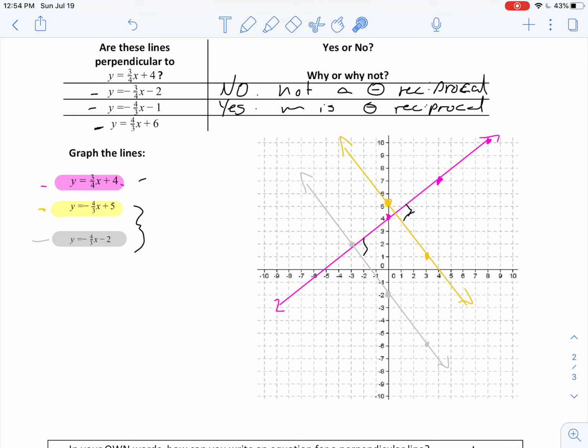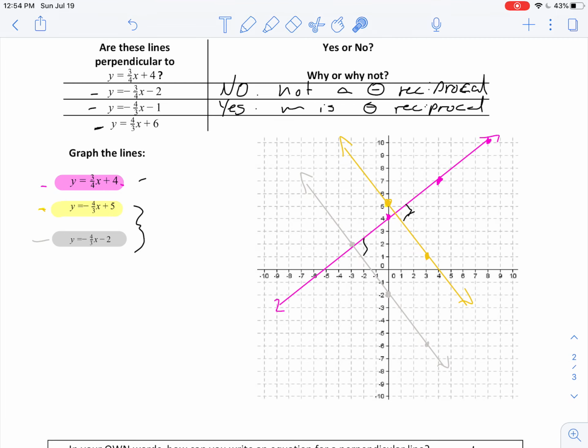I go negative 4 over 3, negative 4 over 3 for my plots. And then my other line here in gray has the same slope, negative 4 over 3, and a y-intercept of negative 2, so it starts here. So both the yellow and the gray line are perpendicular, and you can see here I've indicated that it is a 90-degree angle between these lines. So this is the visual representation of what a perpendicular line looks like when we graph it.